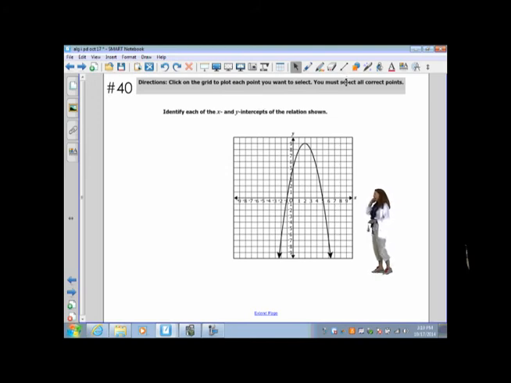Now let's think back. The x-intercepts are going to cross the x-axis. Let's highlight our x-axis to make sure we find where the graph connects with the x-axis. Now, I see 2 points where the graph goes through the x-axis, and I'm going to have the computer put a dot there.